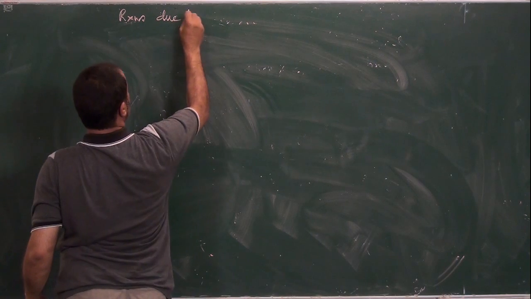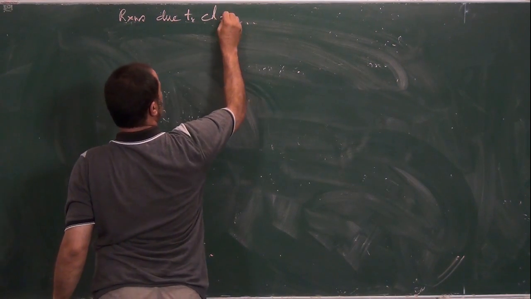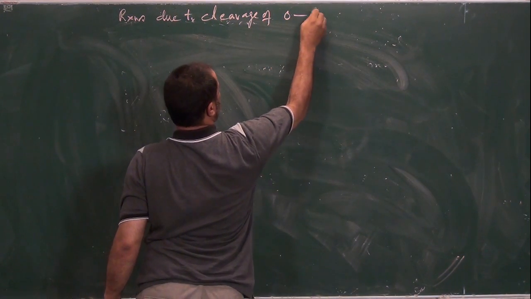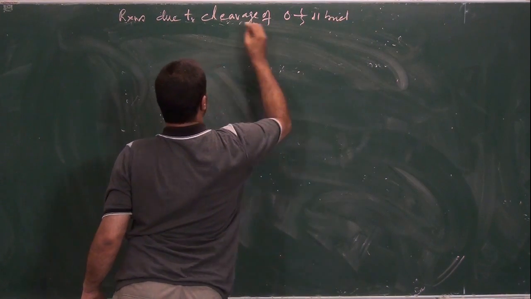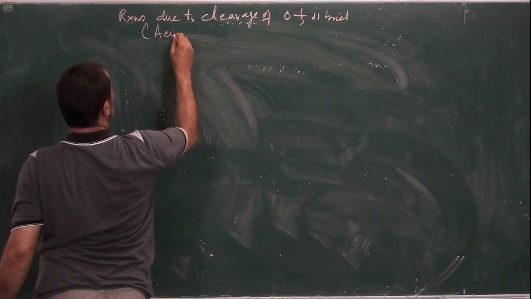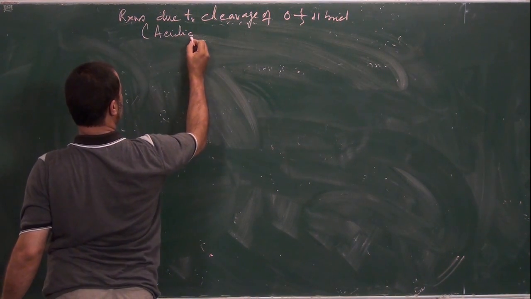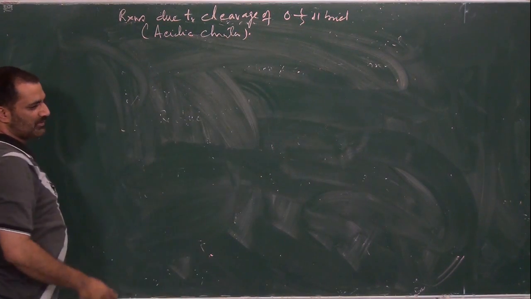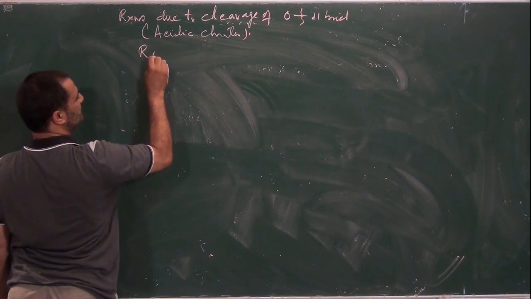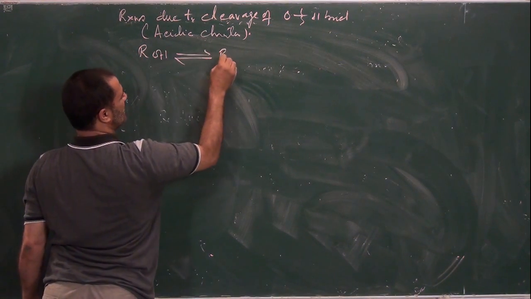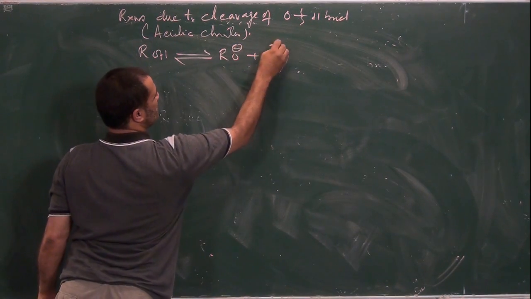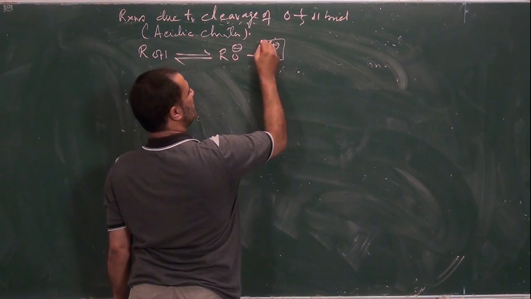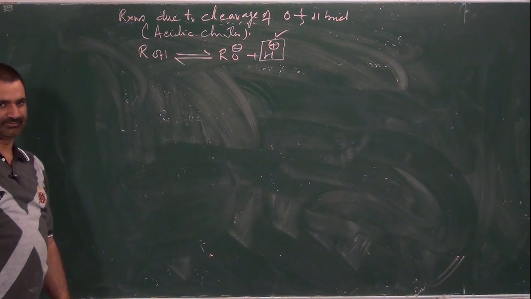By this reaction we can discuss the acidic character of alcohols. ROH dissociates as RO negative plus H positive. So release of this H positive indicates its acidic character.